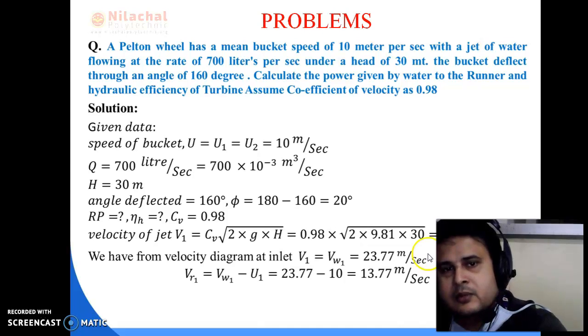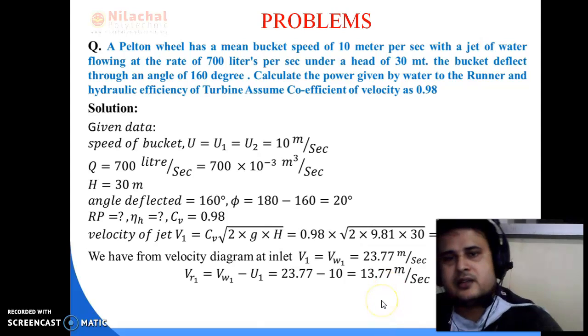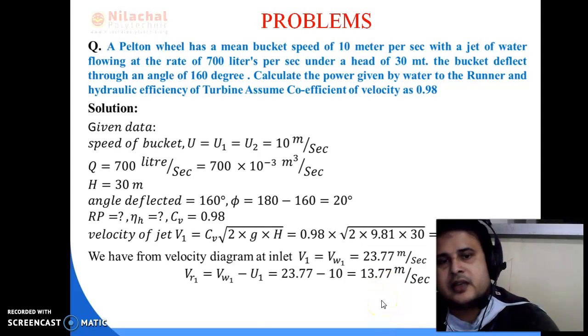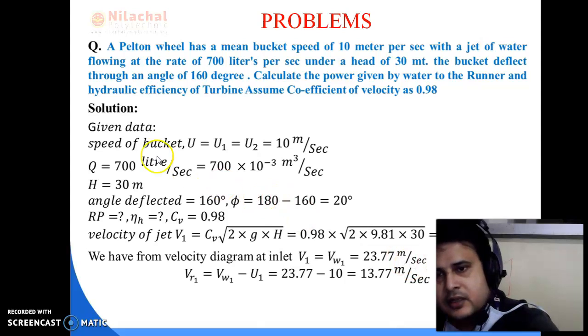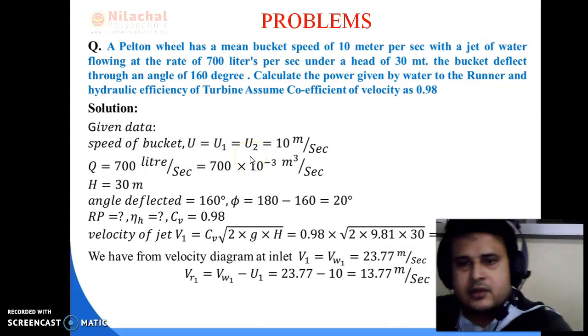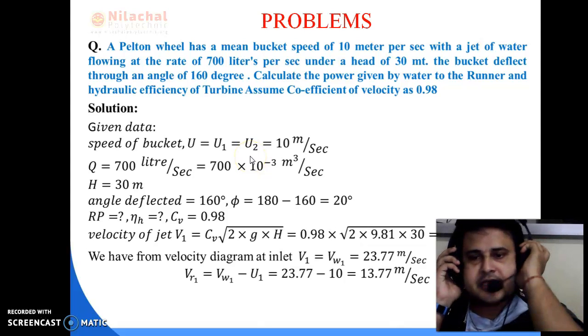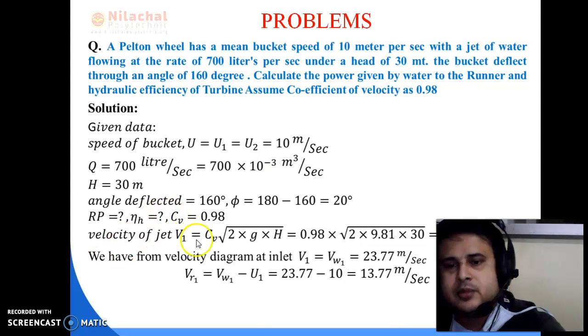From the velocity triangle, the V1 line is equal to Vw1, the whirling velocity component of the jet. Vw1 is equal to V1, that is 23.77 meter per second. Already we have the mean bucket speed U as 10 meter per second, and the velocity of jet V1 or Vw1 is 23.77.